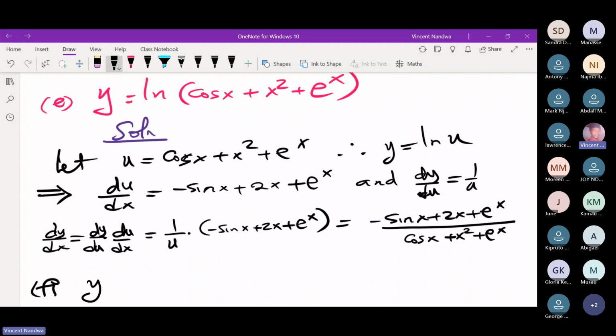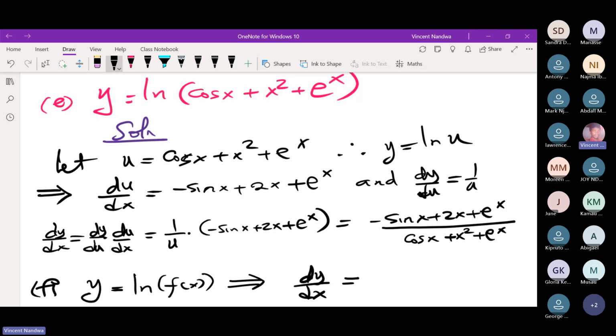So if I give you y equals ln of f of x, what will be dy dx? If you can relate what you have done in A, B, C, D, and E, what can you say about the structure of the function and its derivative whenever you are dealing with an ln function?